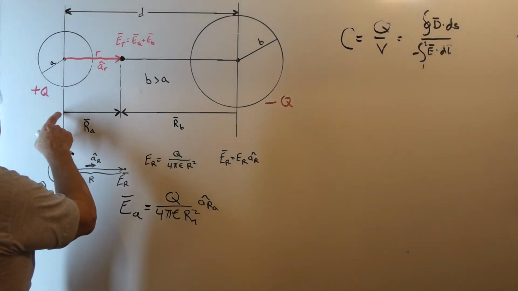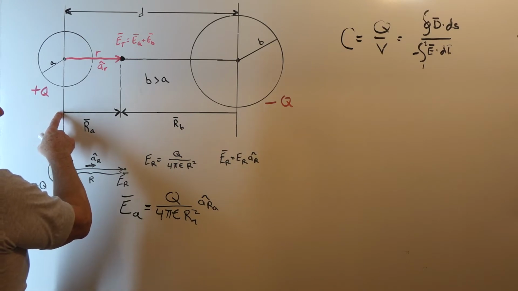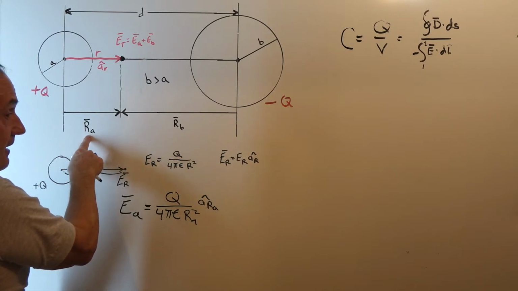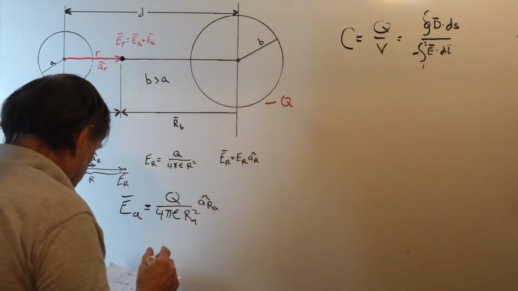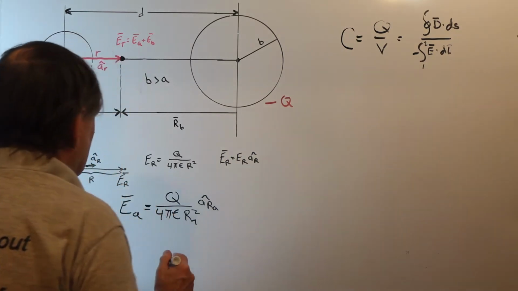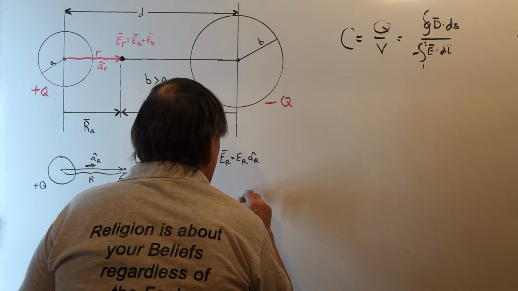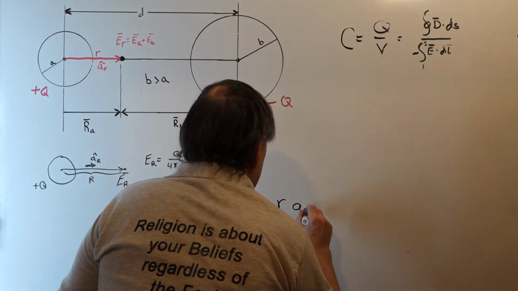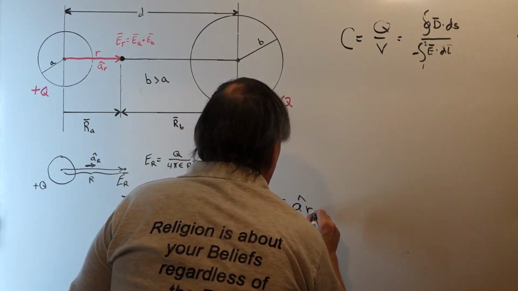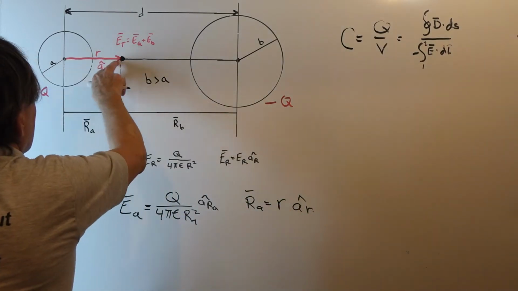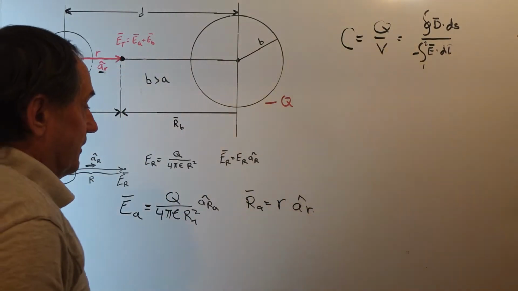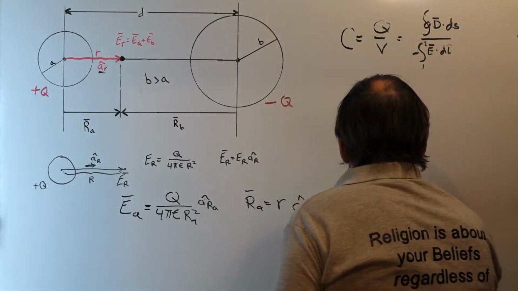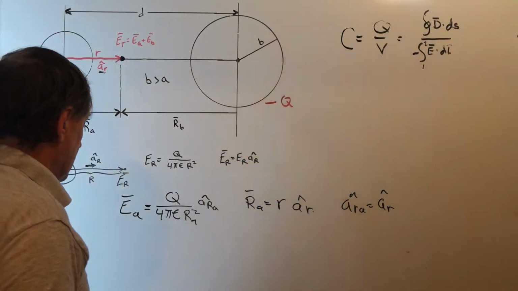That is, going from the center of sphere A out to this point, we have a radial vector r sub a, which is just little r in the a r direction. This is how I've chosen my unit vector, so a r sub a is just equal to a sub r.